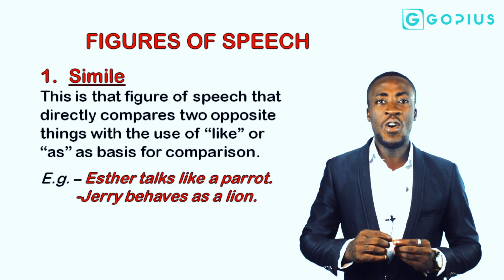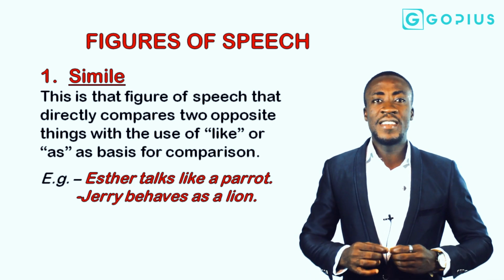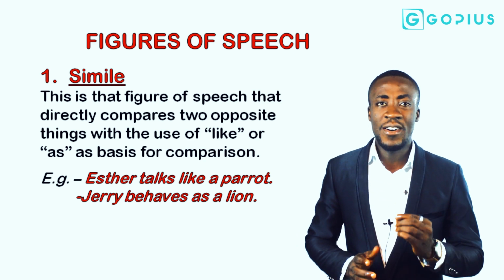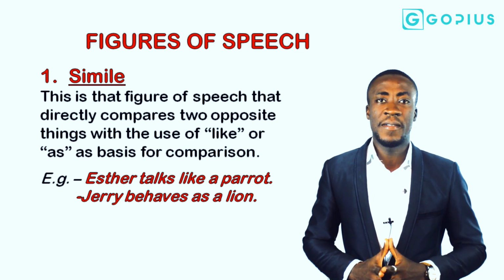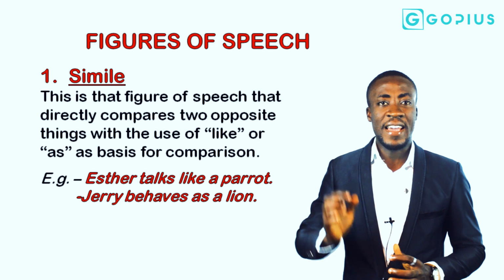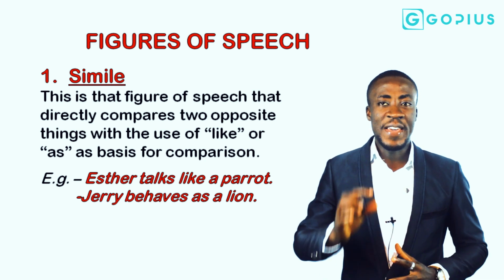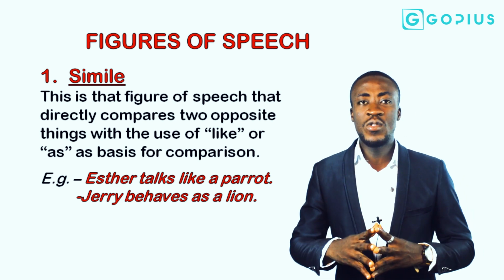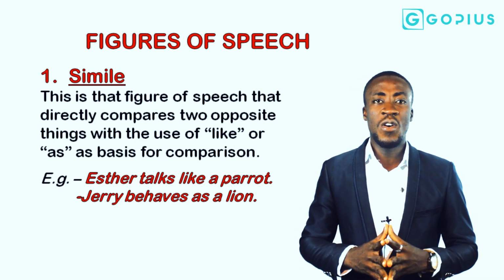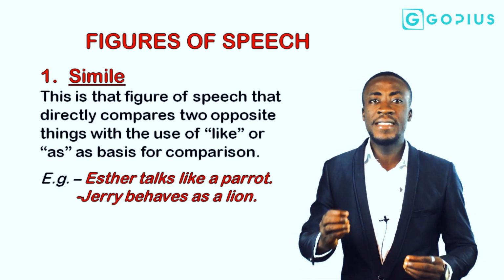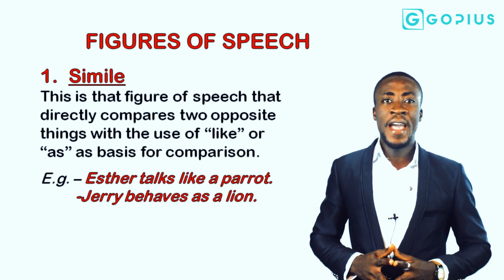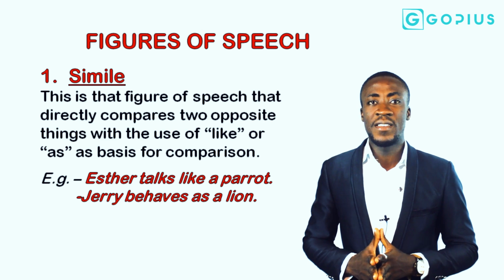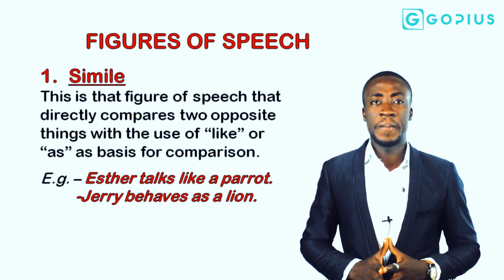But the behavior or the similarities which these concepts share is expressed using like or as for its comparison. Esther talks like a parrot. Jerry behaves as a lion. Anytime like or as is used to compare the behavior of two opposite entities or concepts, then the figurative language that has been employed in that statement is known as simile.